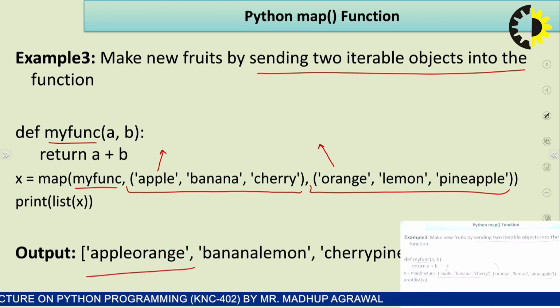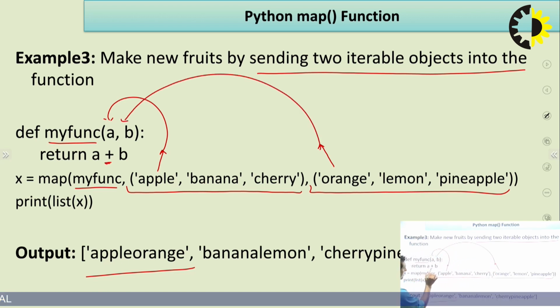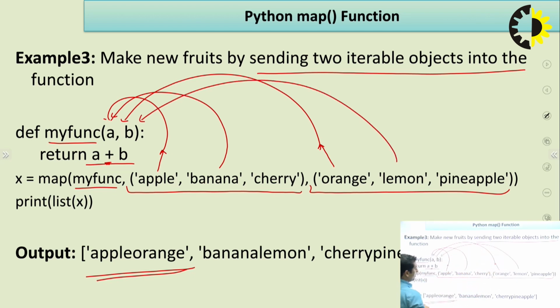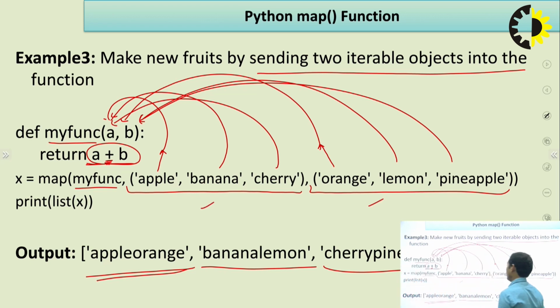We receive apple in parameter A and orange in parameter B, and perform a concat operation on these two strings, so we get apple plus orange. Now banana as A and lemon as B, banana lemon. Now cherry and pineapple. We are applying the concatenation operation on these two tuples for each and every element, using the map function.